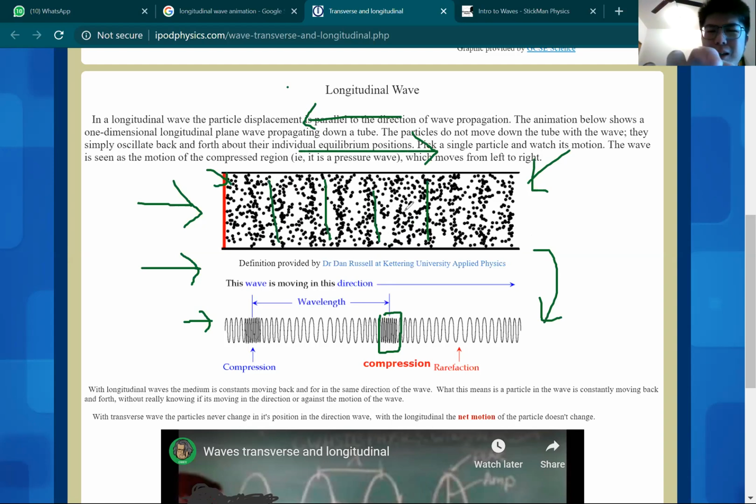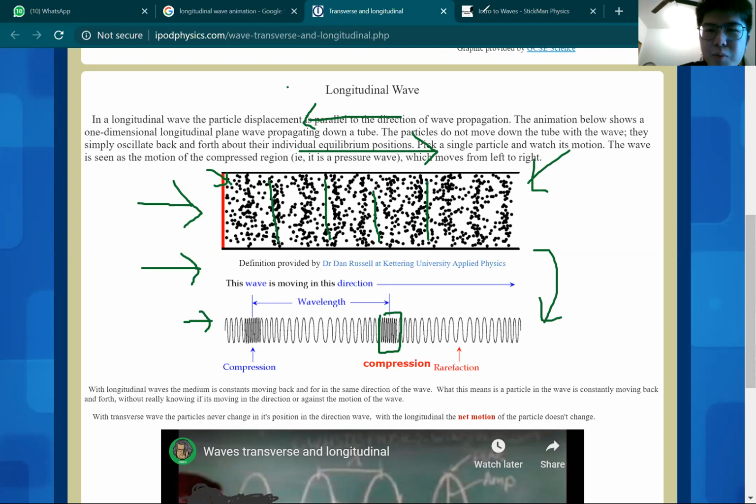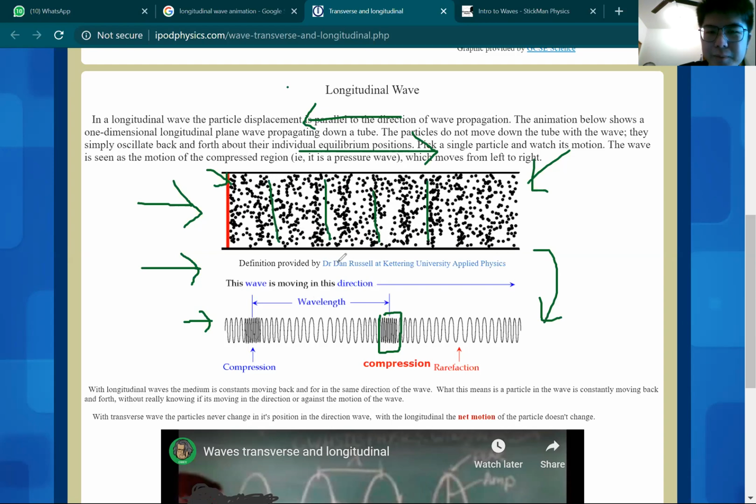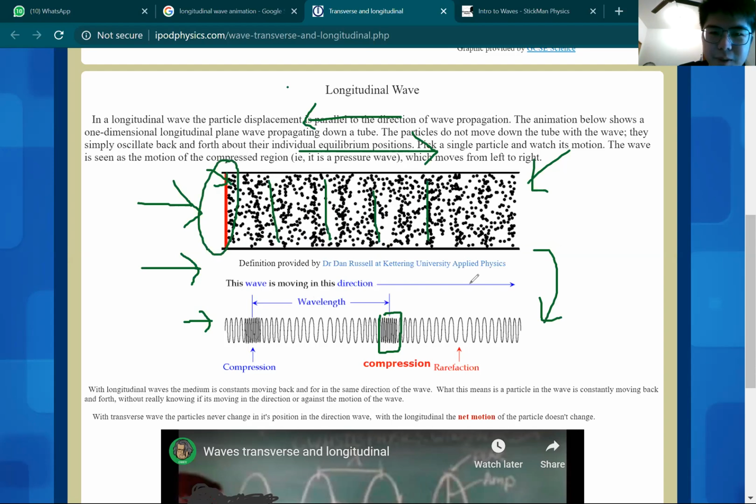You see some particles go to the right and some particles come back and go to the left, right? So a clearer picture would be the one that I showed you just now. Later I'll show you again. So the wave is moving from left to right. The red line is creating the wave.